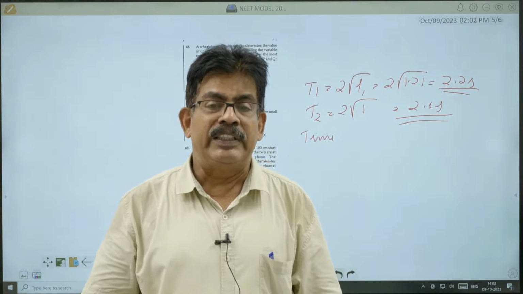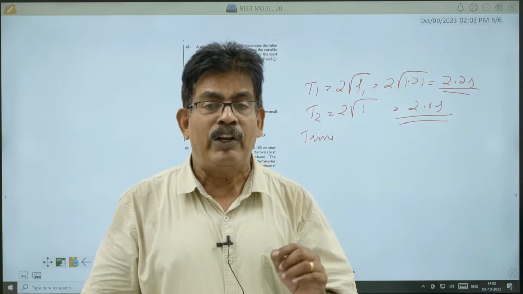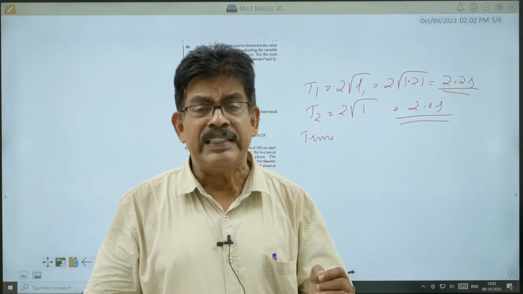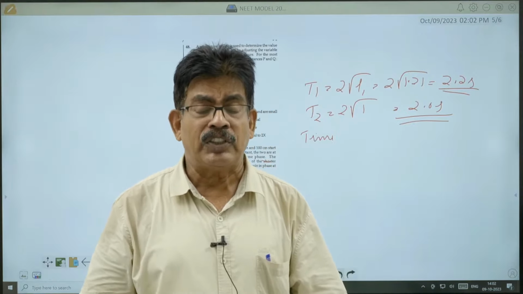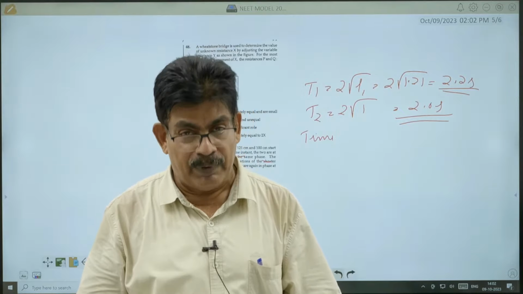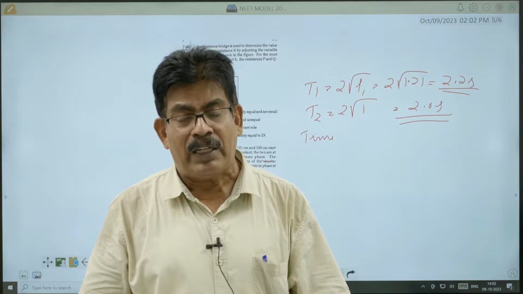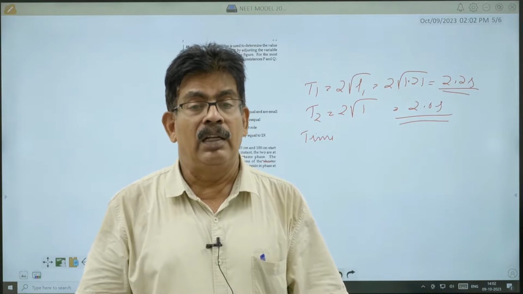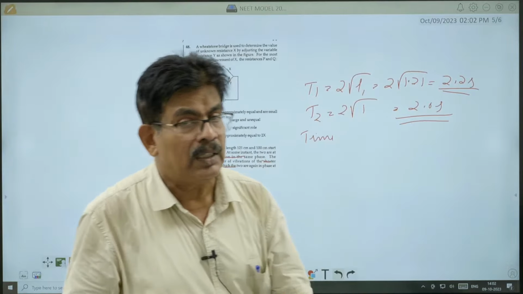And when they come together for the first time, it is the least common multiple. I repeat, when the pendulums are crossing the mean position, time taken is an integral multiple of their time periods. When they are at the mean position together, it is a common multiple, and the first time this happens, it is the least common multiple.